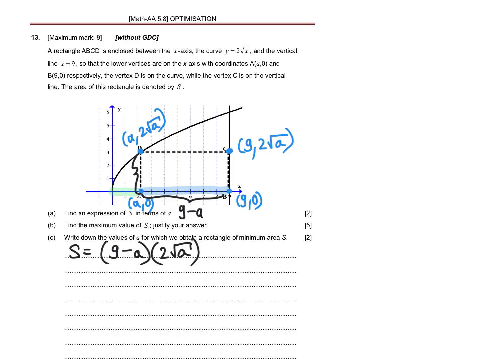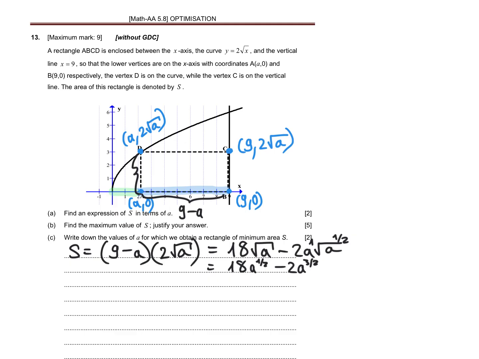So, yeah, that's fine, actually. Well, we might as well expand, because we're going to have to maximize it. 18 root A minus 2A root A, which is 18A to the 1/2, and this is minus 2. This is A to the 1, and this is A to the 1/2, so we have A to the 3/2.